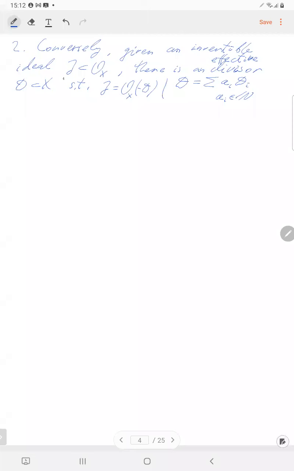Okay, and let's prove this. So first of all, we note that OX itself is O of D for the trivial zero divisor. Okay, so these are just regular functions.